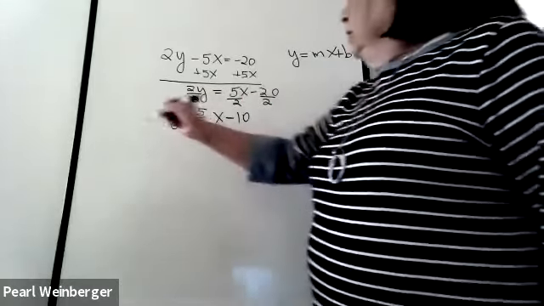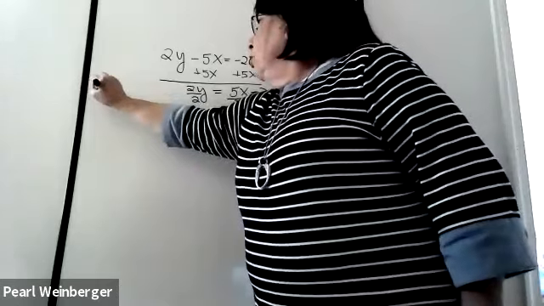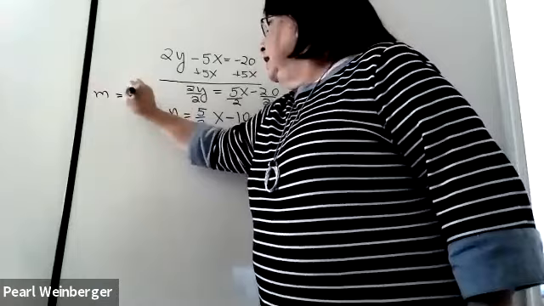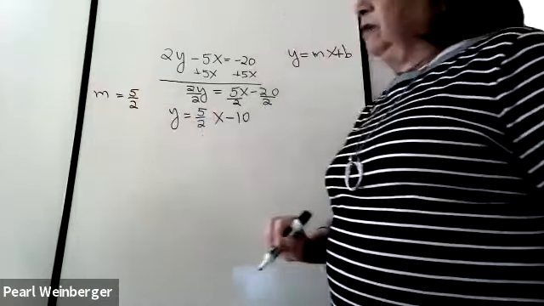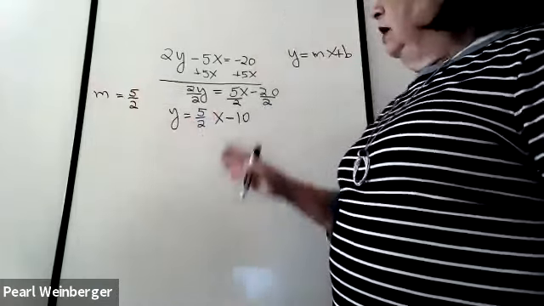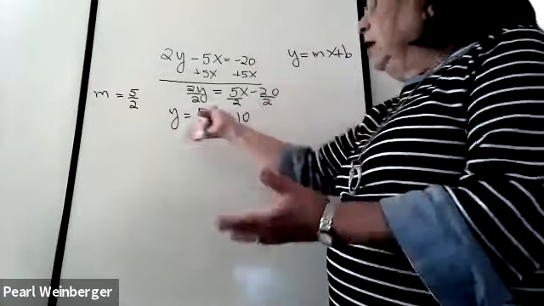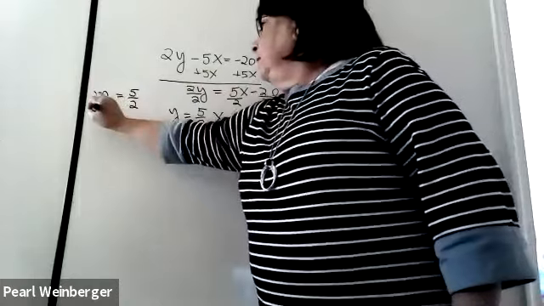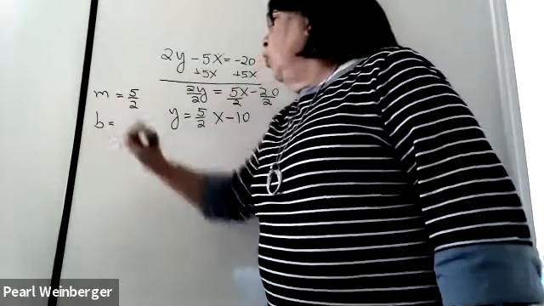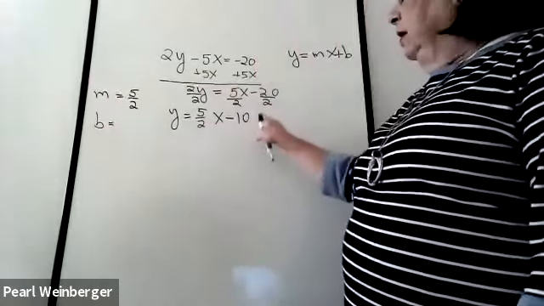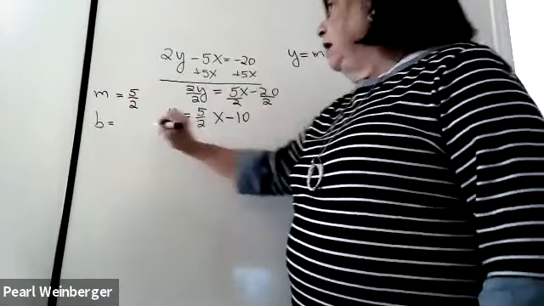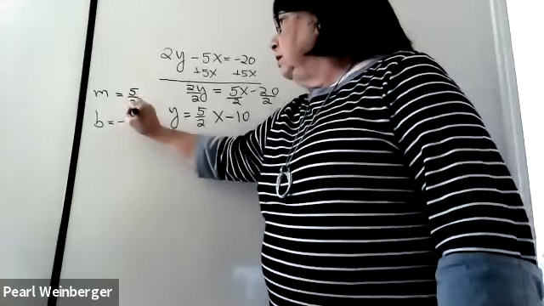And then we see that the slope, which we call the m, is 5 over 2. The slope is the number in front of the x, the coefficient of the x. If I asked you, what is the slope of this line? Now you can see it, it's 5 halves. And the b, which is what we call the y-intercept, is the number that has no x attached to it, is negative 10.